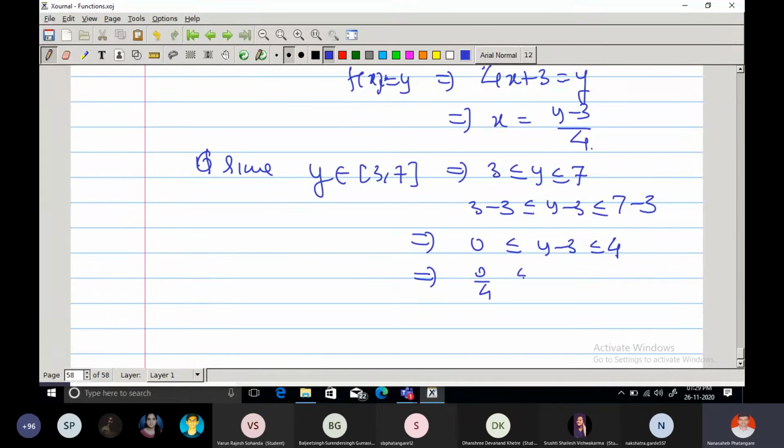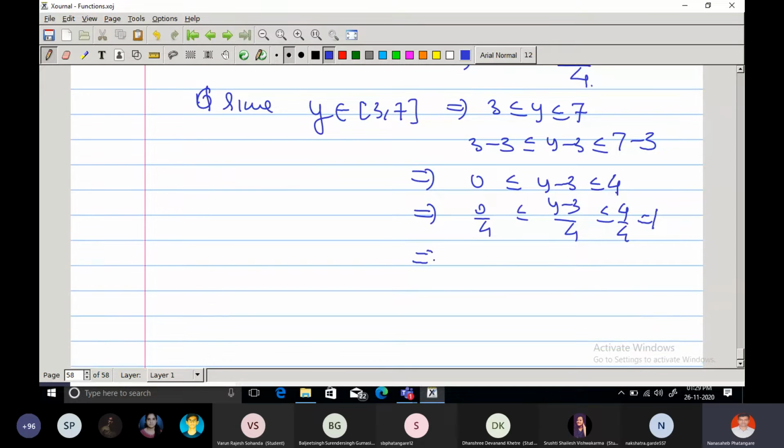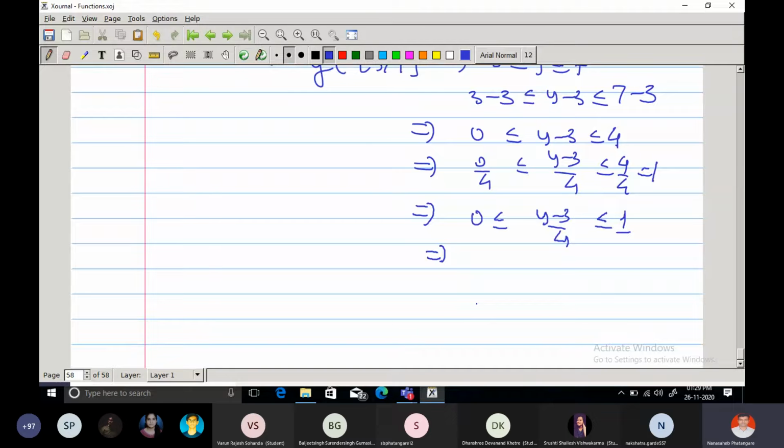So 0 by 4 is less than or equal to y minus 3 by 4, which is less than or equal to 4 by 4, which is 1. Right? That means 0 is less than or equal to x, which is less than or equal to 1.